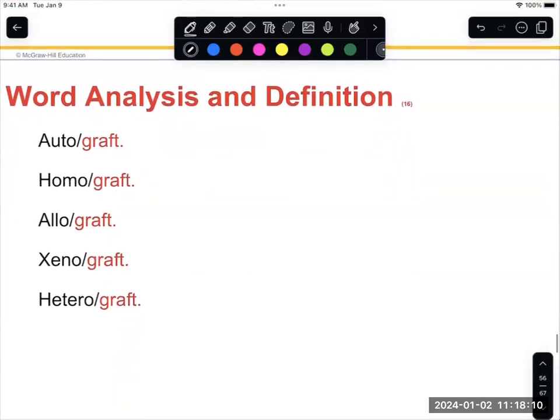So let's look at some words here. Auto, self. Homo means same or alike. Allo means other.